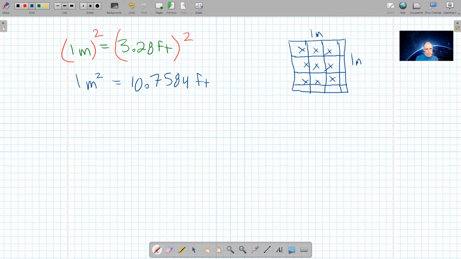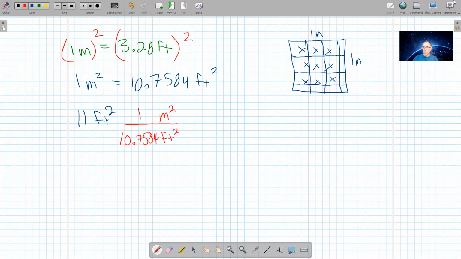So now if somebody says, hey, I have 11 feet squared, can you change that to meters squared? I would say, sure. I will just do a little fraction multiplication here, put feet squared in the bottom to get rid of it, meters squared there. My equation above says 1 goes in the top and 10.7584 goes in the bottom.